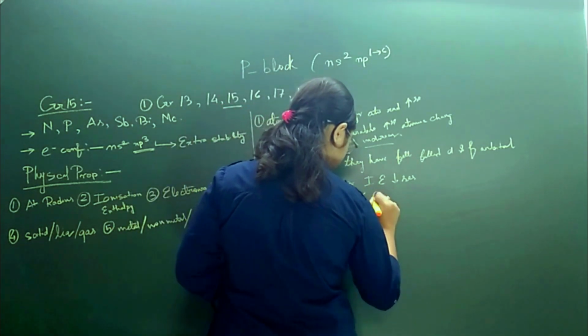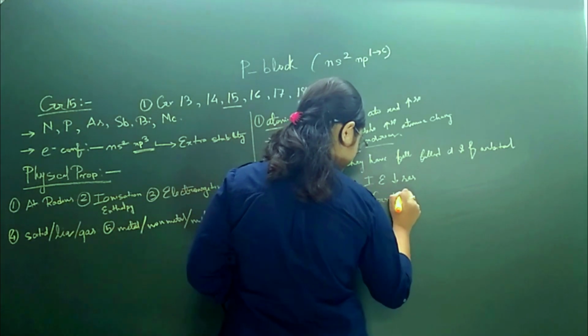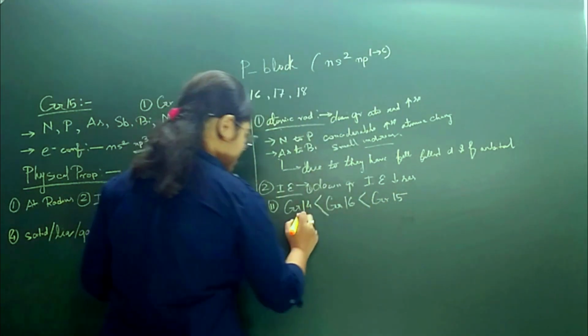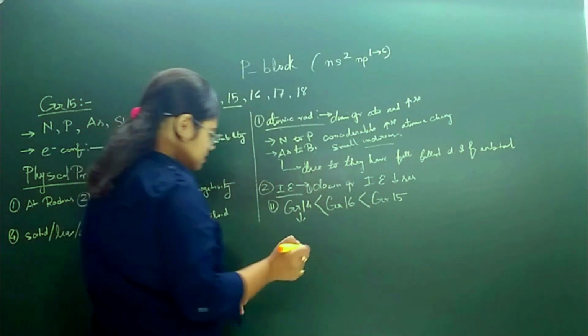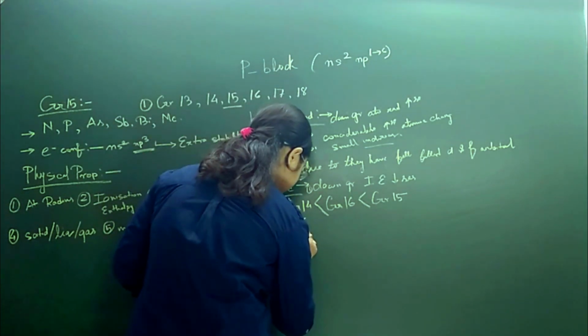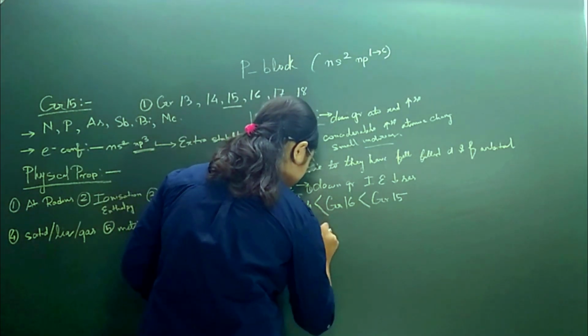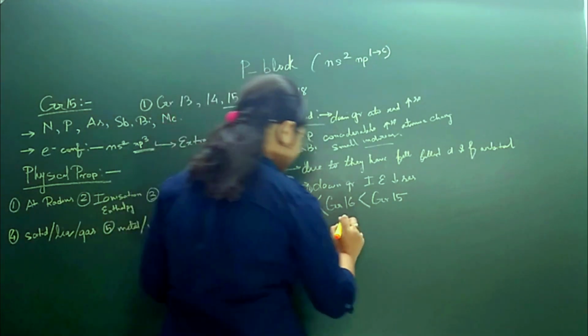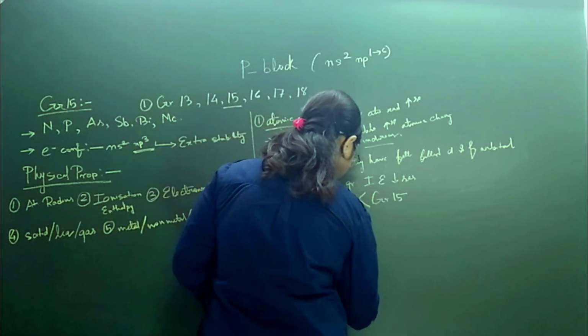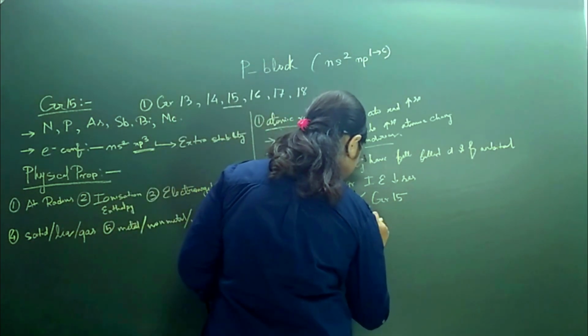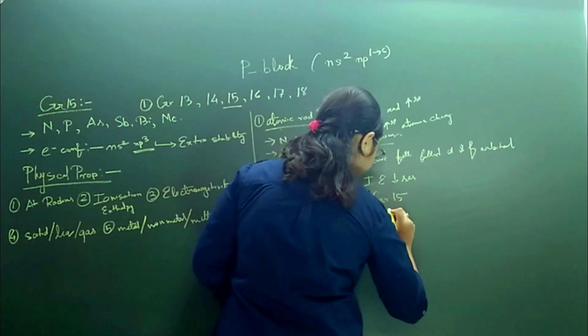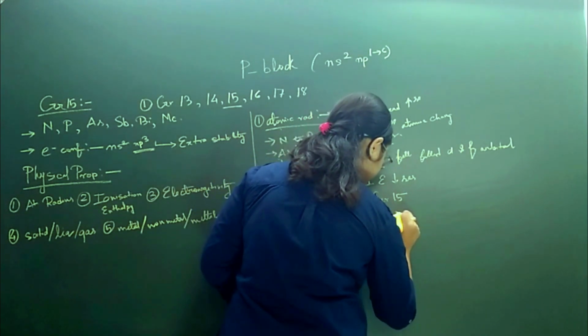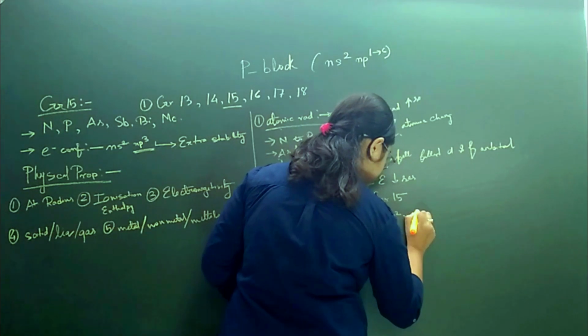Why? Because in group 14 the electronic configuration is ns2 np2, in group 16 it is ns2 np4, and in group 15 it is ns2 np3.